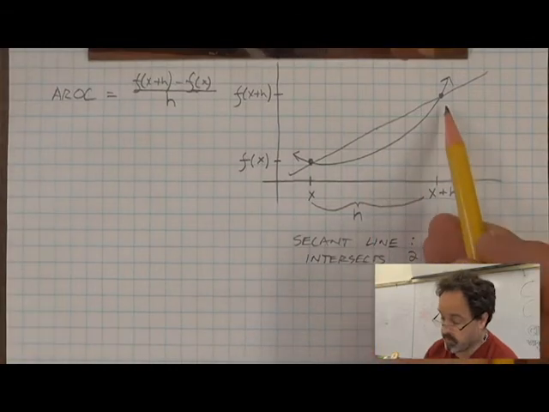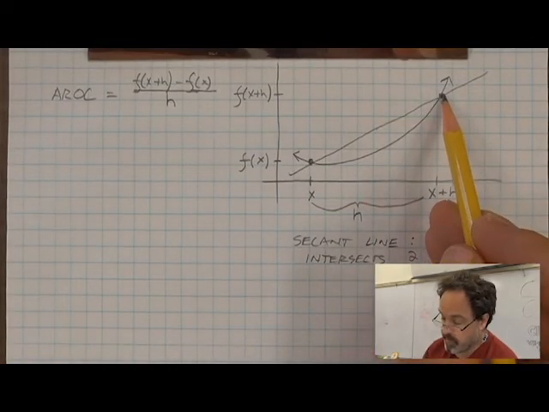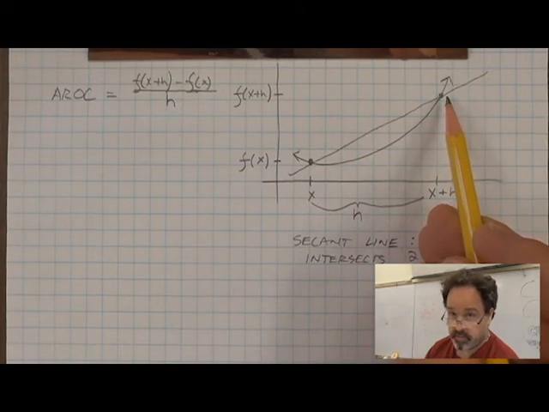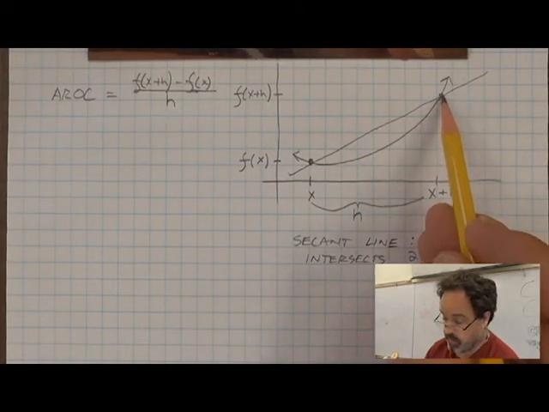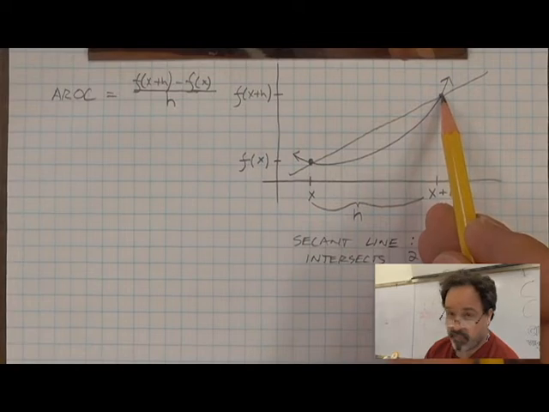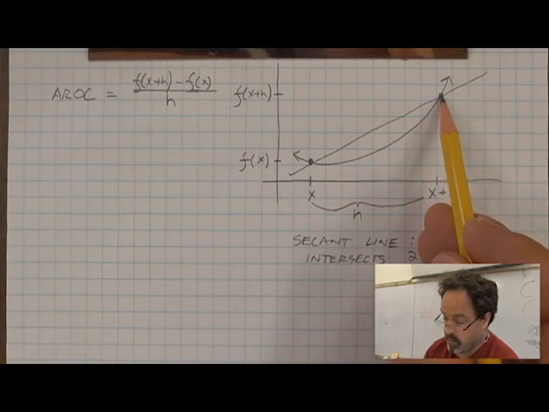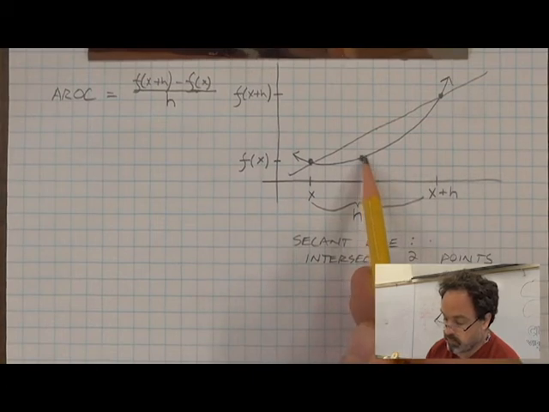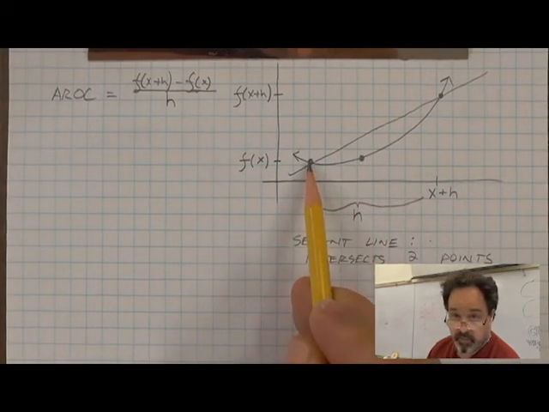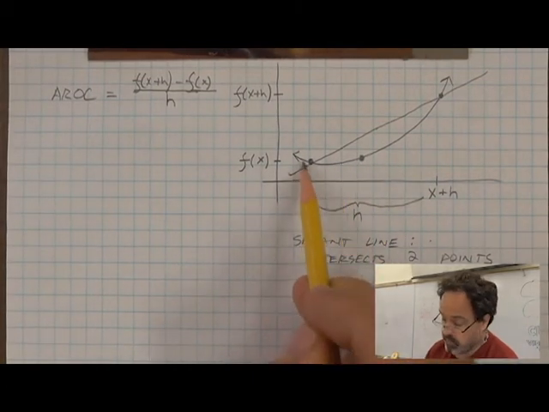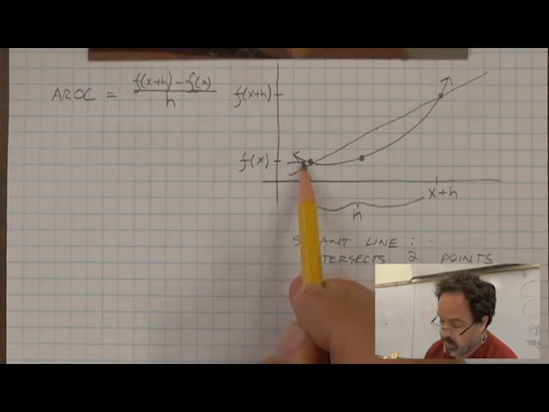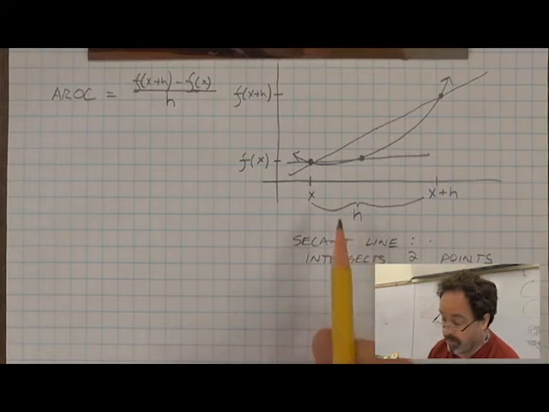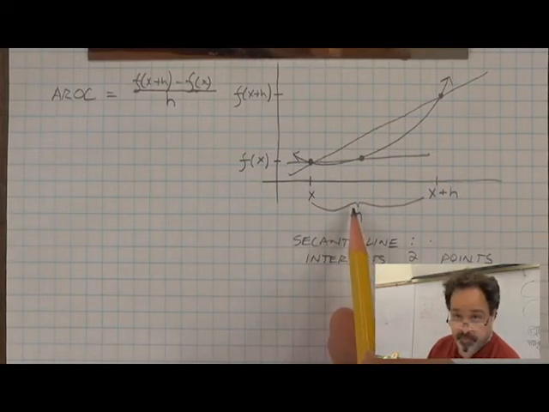Visually, graphically, that means that the distance between these 2 points could shrink. They could get closer together. I could imagine an average rate of change by moving this point closer to my starting x value. It would still be the slope of a secant line if these 2 points are separated by any distance h.